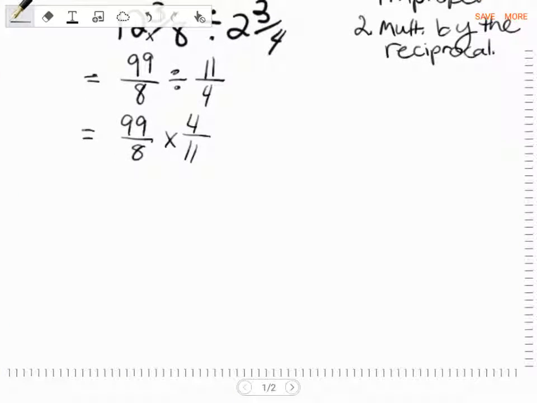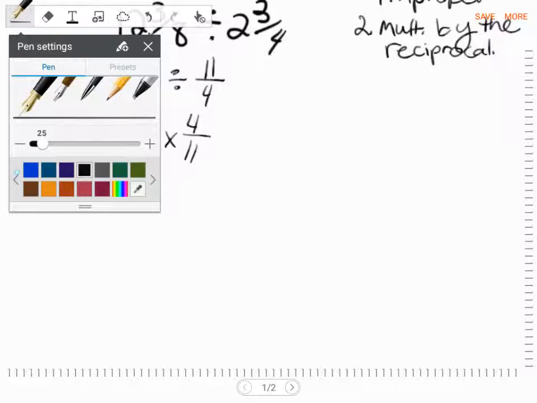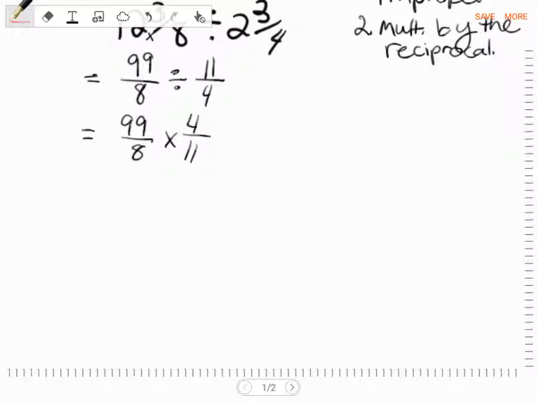Next, I'm going to see if I can cross cancel. This is part of that multiplication process. I know that 4 can go into both 4 and 8. So I cross cancel by 4: 4 goes into 4 one time, and 4 goes into 8 two times.